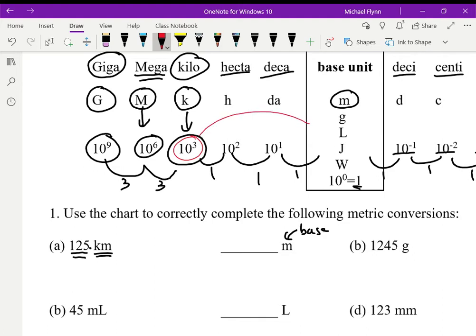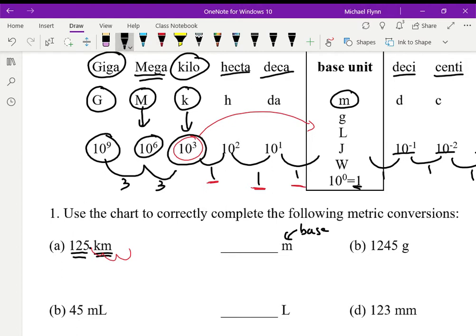So we're going to go from there to there. Now, how many powers of 10 is that? Well, it says right underneath, it's 1, 2, 3. Kilo means 1,000. That's 3 powers of 10. So to get to the base unit, I'm going to have to move my decimal 3 places to the right. And when there's no number there, I have to add zeros.